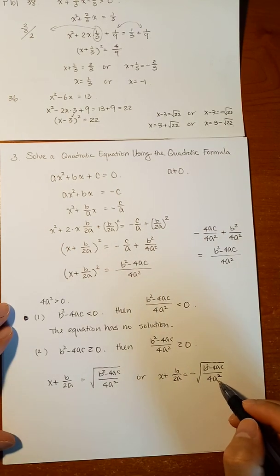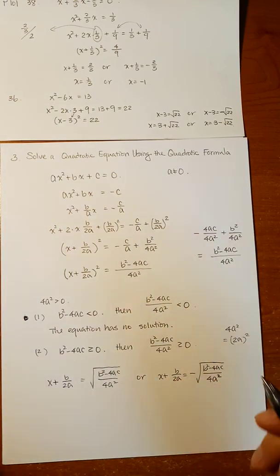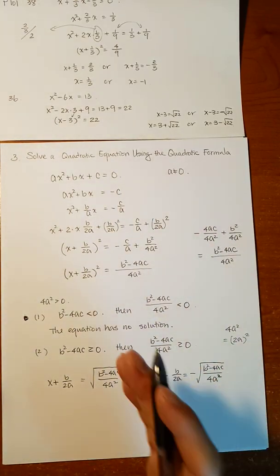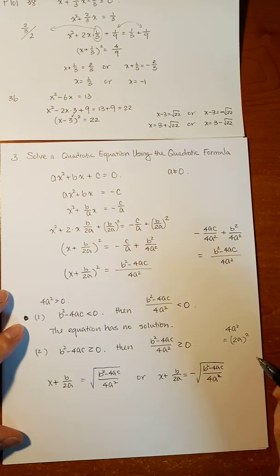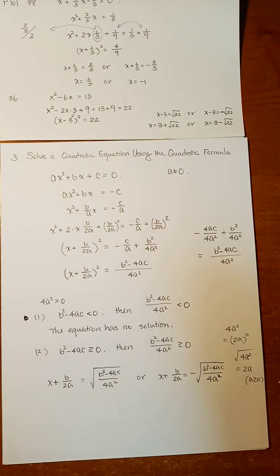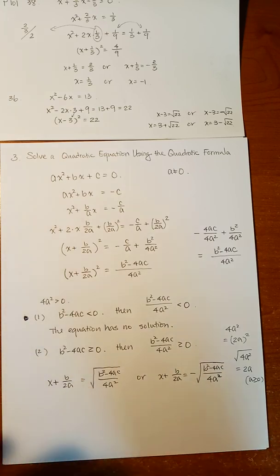Well, 4a squared is exactly 2a quantity squared. You can move it outside. When you move it outside, you have to be a little bit careful when a is positive or when a is negative. When it's positive, moving outside gives 2a. This is correct if and only if a is greater than or equal to 0. When a is less than 0, you will have a negative sign. But here you have one is positive, the other one is negative, so eventually you will have two answers.